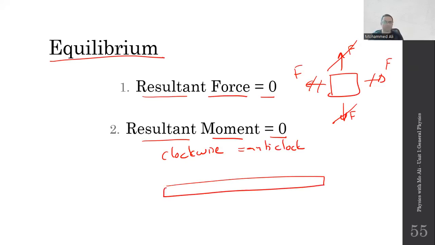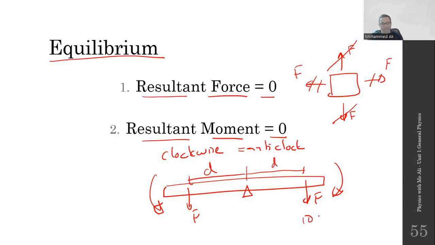So if you have a beam, like before, and you have a pivot here, and a force on this side, and a force on the other side, you have the clockwise with the anti-clockwise moments. When you multiply the force and distance, their moments have to be the same.